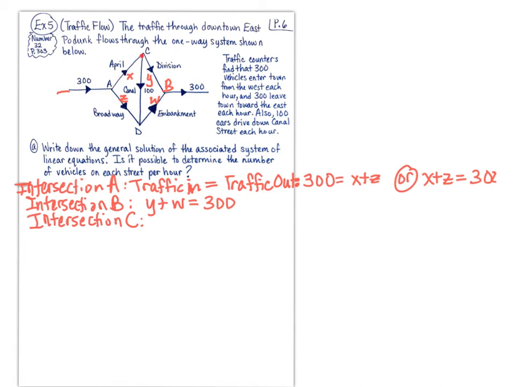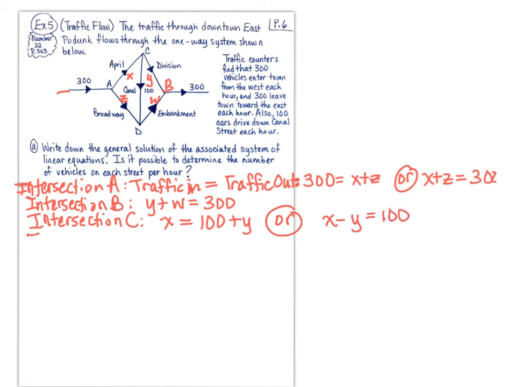So X is equal to 100 plus Y, right? 100 from Canal Street, and then Division Street is represented by Y. Which means if we put our variables on the left, X minus Y is equal to 100.